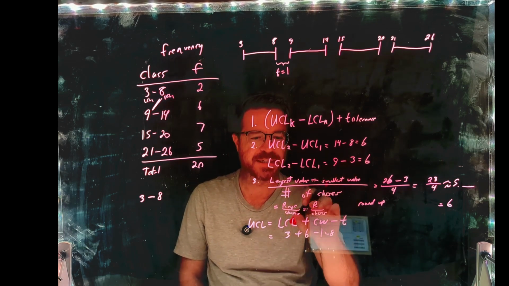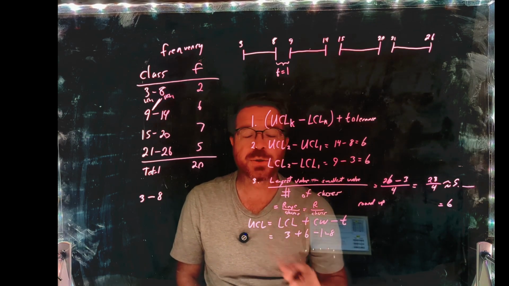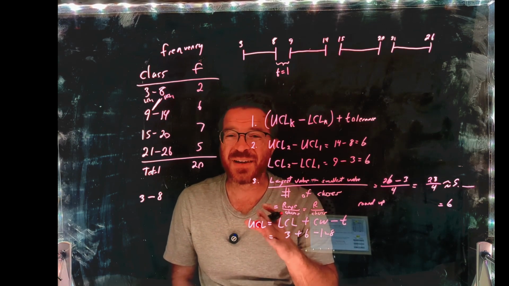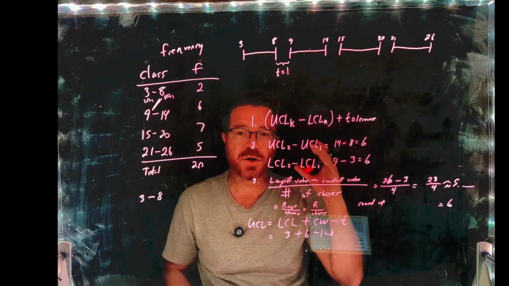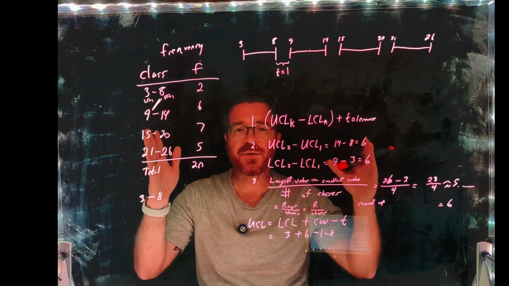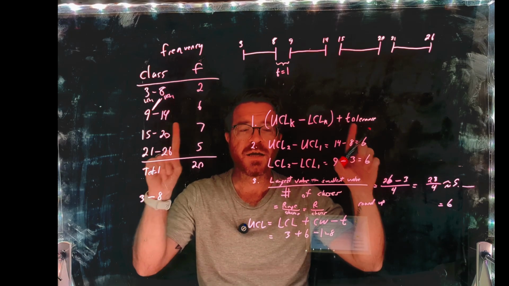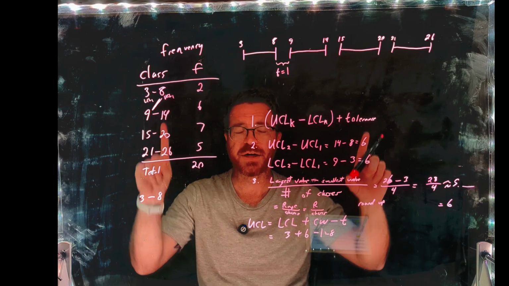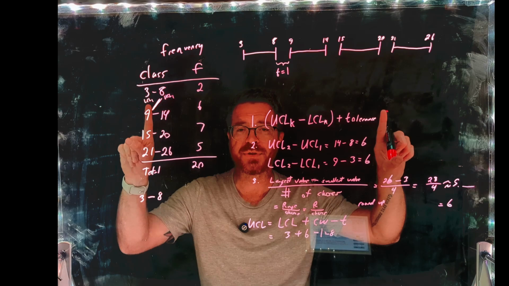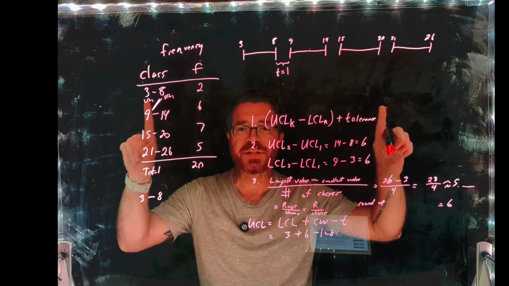I just wanted to keep it consistent. So anytime you are asked to find the range of something, it just means take the largest value, take the smallest value, and subtract the smallest from the largest, and it tells you how much distance there is between all your data points. You're taking the extreme ends of your data and seeing how much distance there is between them.